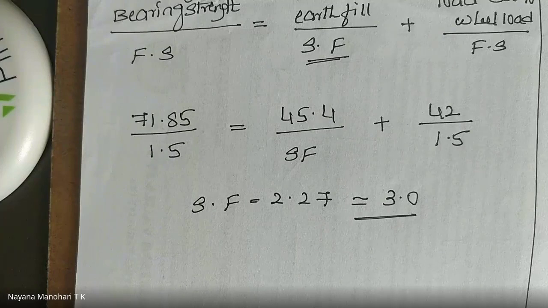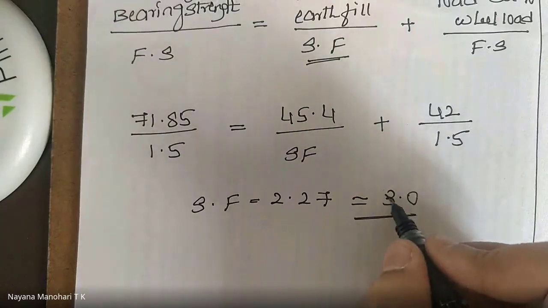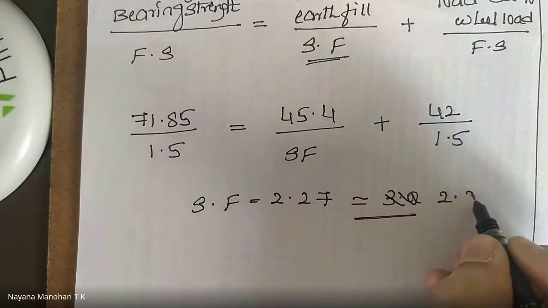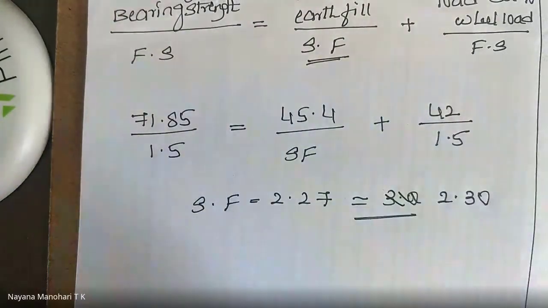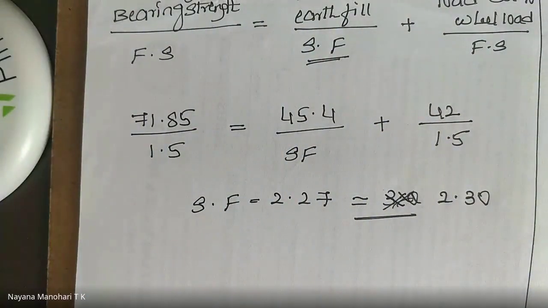If it is first class bedding, the strength factor is 2.3. And if it is concrete cradle bedding, it is 3.7. Sorry, it is 2.27, right? Round it off to 2.30. If it is 2.30, what are you going to provide?